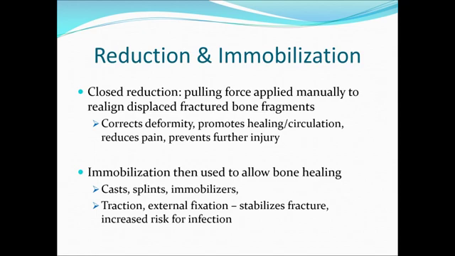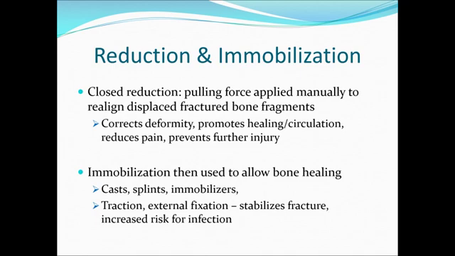So the goal is to reduce and immobilize the fracture. This can be done in a closed fashion or it can be done in an open fashion. So let's start with closed. Basically, we're going to do a pulling force. It's going to be applied manually, and it's all about realigning the displaced bone fragments. Okay, that will correct the deformity.